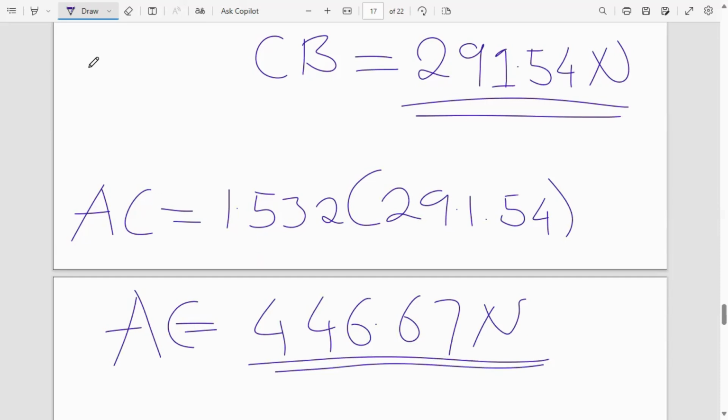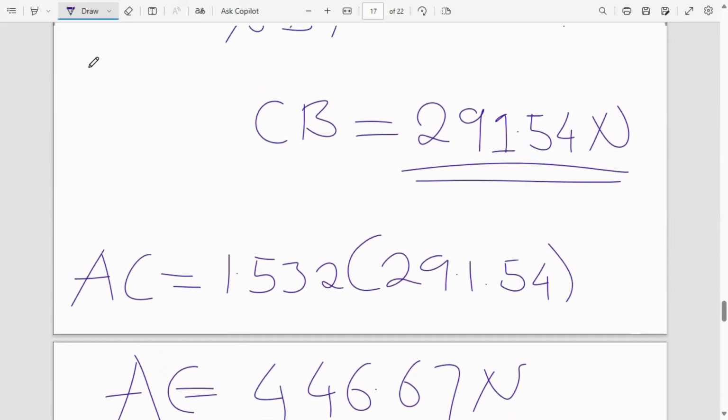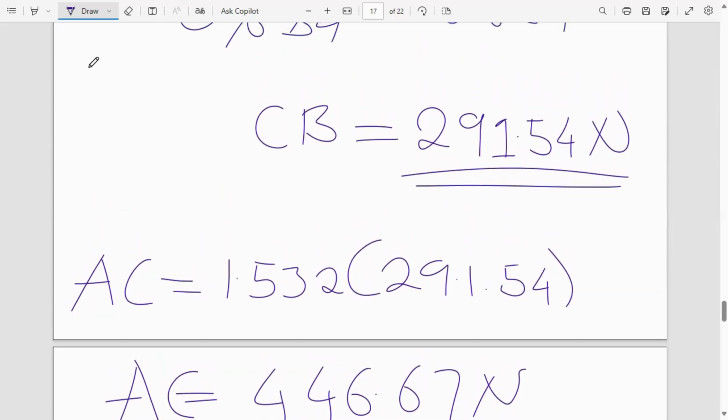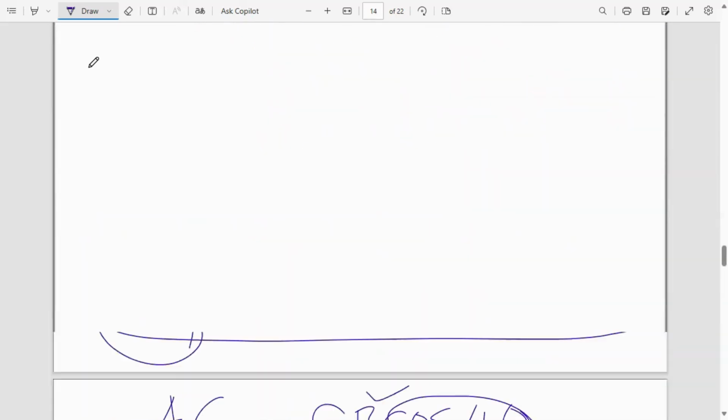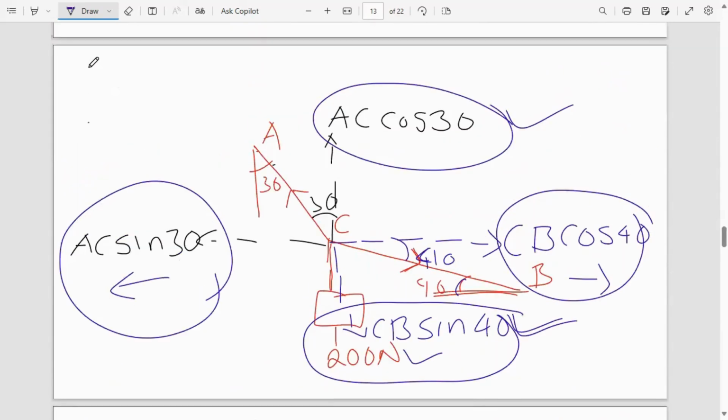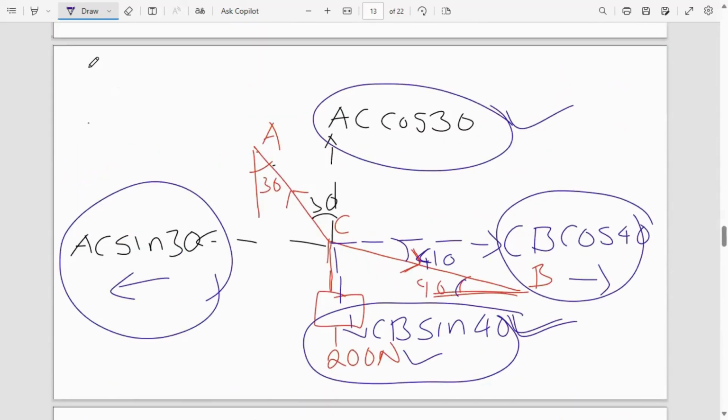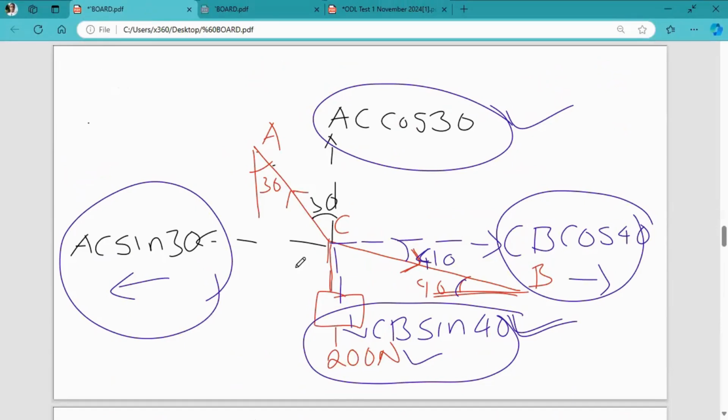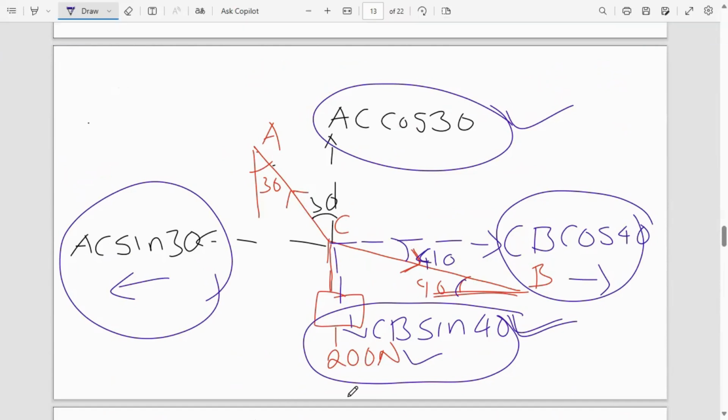Okay, so that is the value of the tensions AC and CB when we calculate, starting by drawing a free body diagram, which is looking like this. All right, so that was all about question 2. Question 2 was also a bit long, but we can now move on to question 3.